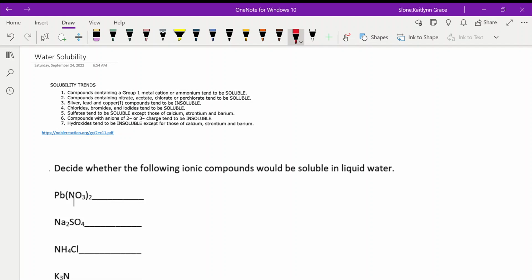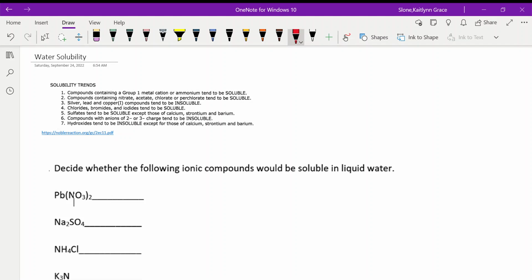Also, something to note is these are trends. They're not strict rules, but this is what we tend to see in chemistry. There might be a rare compound out there that the solubility trends say is soluble, but in real life it's actually not soluble. So they're trends, not hard rules.